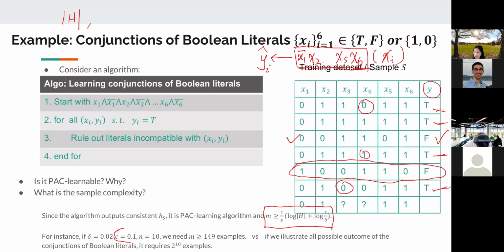For the hypothesis cardinality, you can either put the literal, or its negation, or not include it, but here it is the outcome. So for the outcome, it is only true or false. Okay, so you can see the difference here.